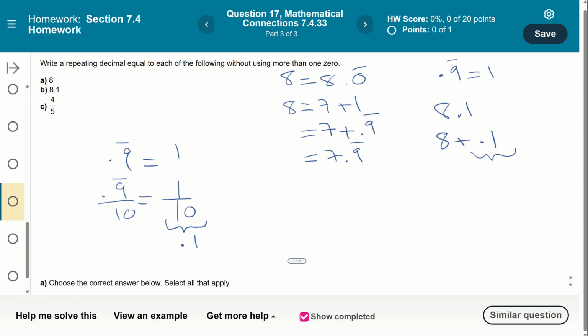Now 0.9 bar divided by 10 is just going to be what? Move the decimal one to the left, so it's just 0.09 bar. Okay, that's my hint to you. You should be able to write it now. And you can do similar things with that if you turn it into a decimal and then think about the first two parts that you've already done.